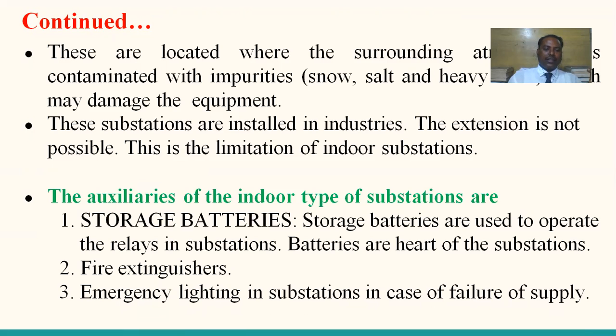So these are, in addition to the equipment required to convert high voltage into low voltage. The storage batteries, fire extinguishers, and emergency lighting are all the auxiliary equipment in indoor substations.